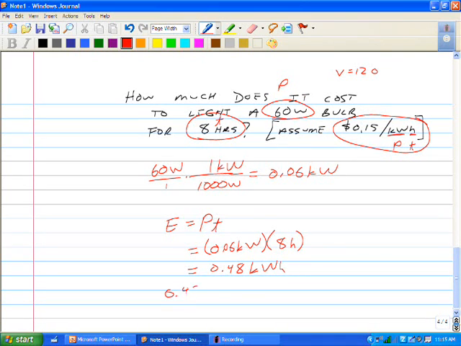If I have 0.48 kilowatt hours, this rate tells me that 1 kilowatt hour is equal to 15 cents. So kilowatt hours cancel, and I get 0.48 times 15 cents, which is like 7 cents.